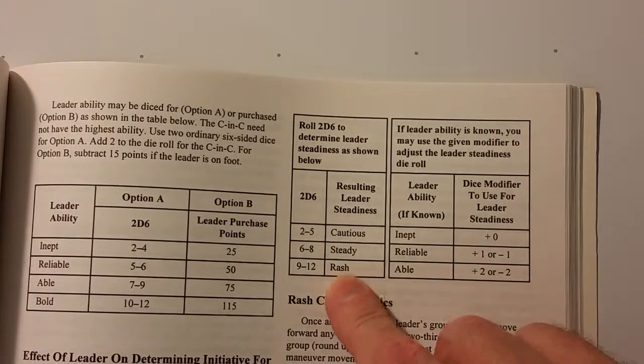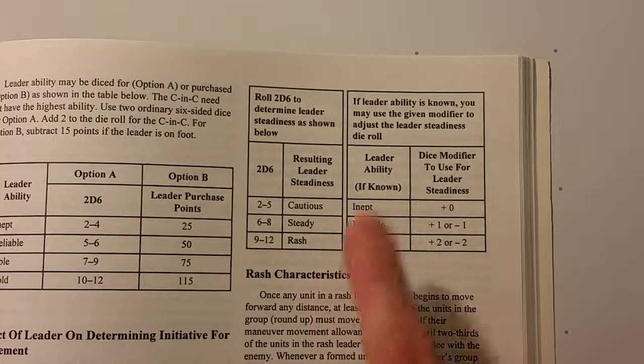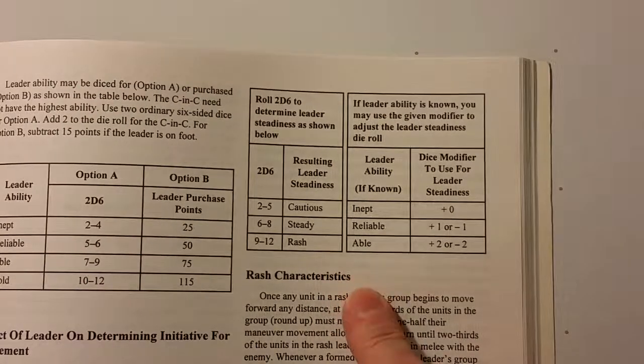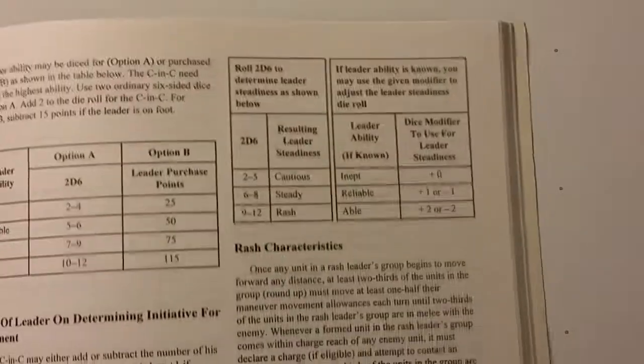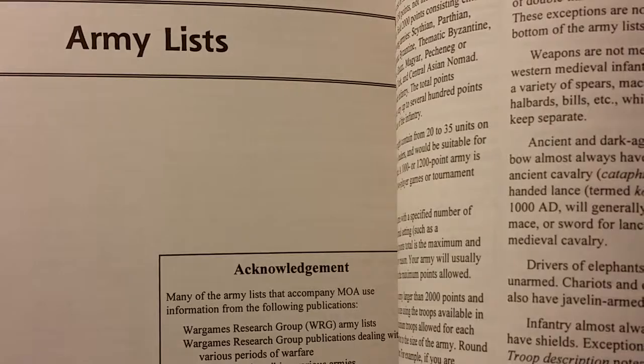So it looks like, yeah, accounting for rash leaders, inept, reliable, rash characteristics, cautious characteristics for leaders. Interesting. Yeah. Okay. And then army lists.